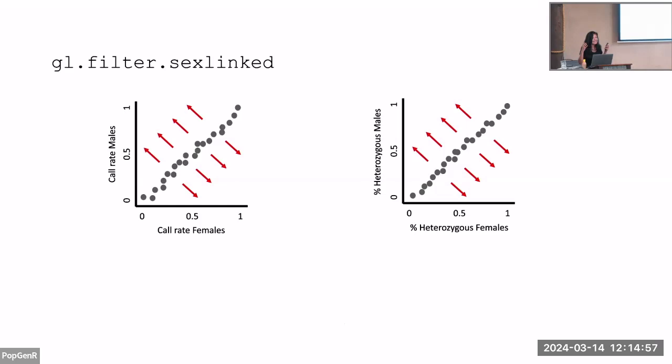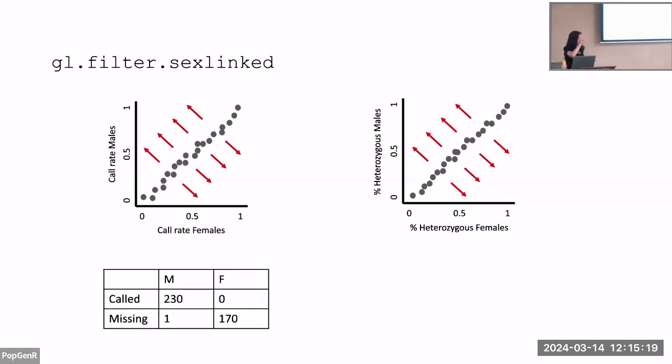The function works in two stages. First, for each single locus, it performs a Fisher test to check whether call rate is independent from sex. If it is not independent, then it means that it is sex-linked. So this is the example. We have here the contingency table of one locus.